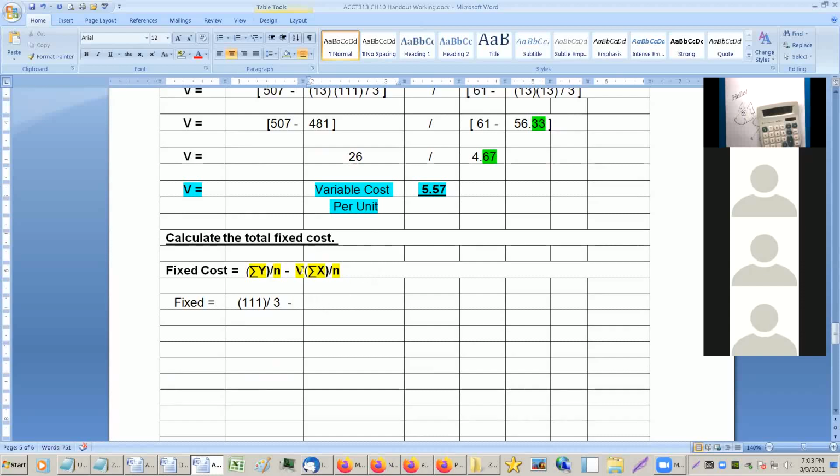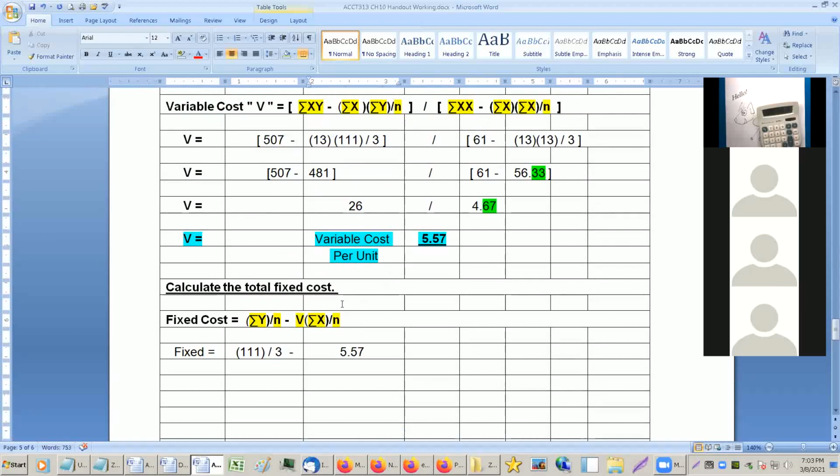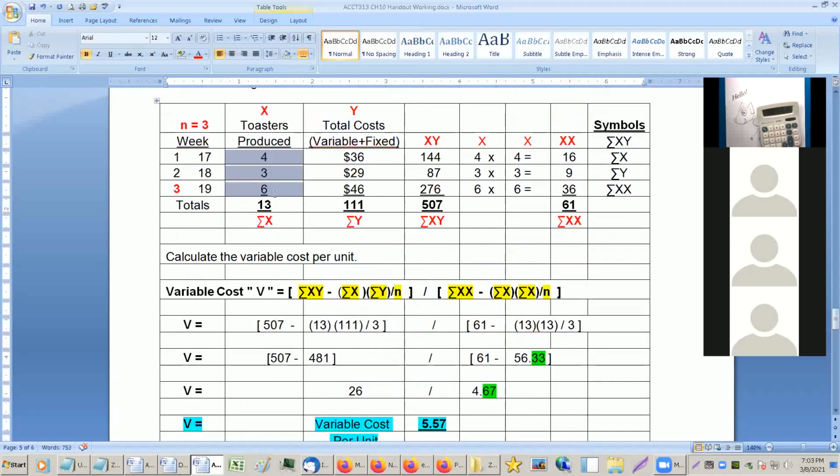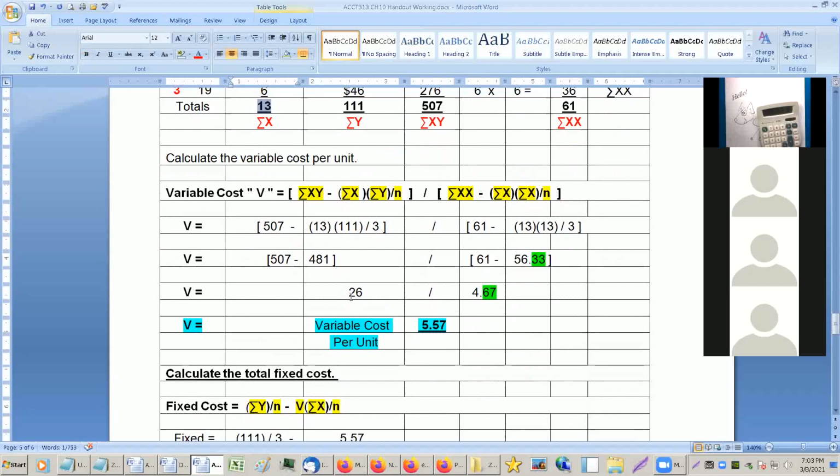Minus, and v is the variable cost, which we have is 5.57, times the units. Now we want the average number of units, which is summation of x divided by n. If I asked you what was the average number of toasters made, you'd just add up the toasters and divide by 3. That's all they're saying. 13 divided by 3.